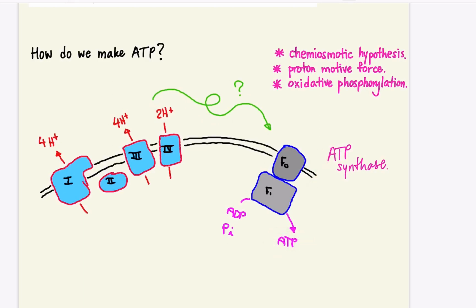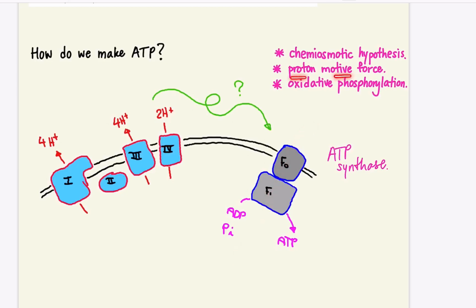Some key words that you will learn this week are chemiosmotic hypothesis. There are a few familiar words in here: chemi for chemical, osmotic for osmosis, moving chemicals down their concentration gradient.